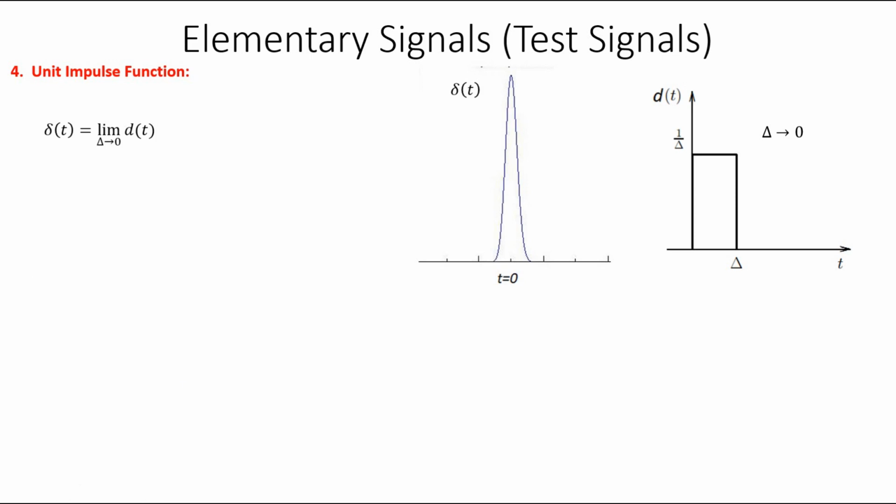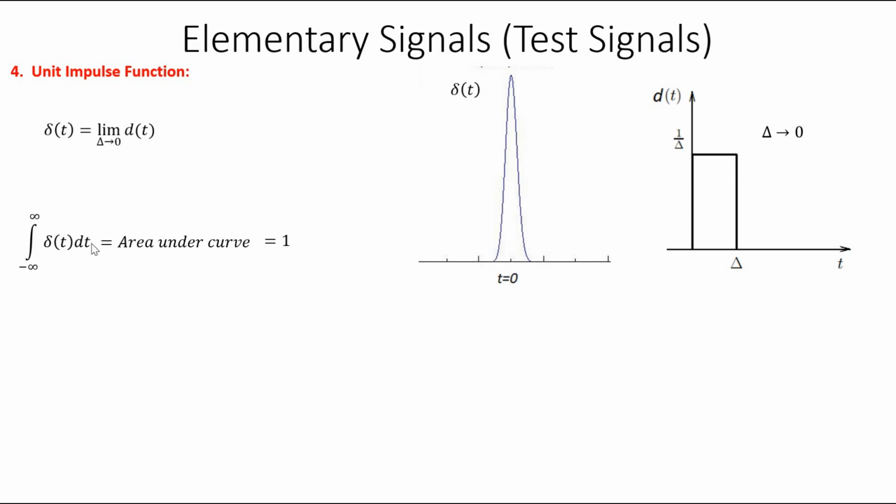And again, consider the integral of delta of t. The integral means the area under the curve, so we can take this function and put delta equal to 0. Here the area is delta on this side and 1 by delta on this side, and delta times 1 by delta is 1.